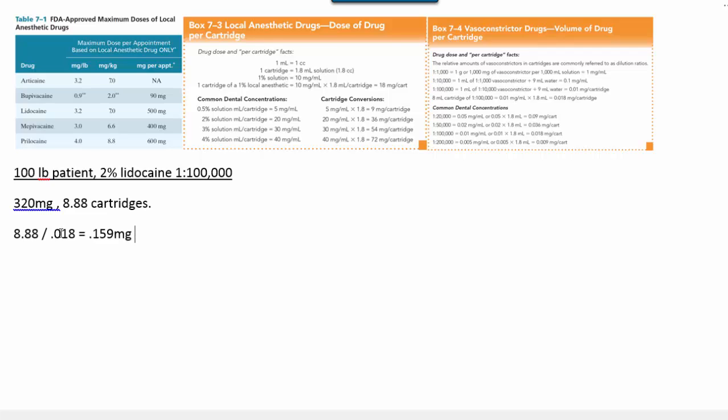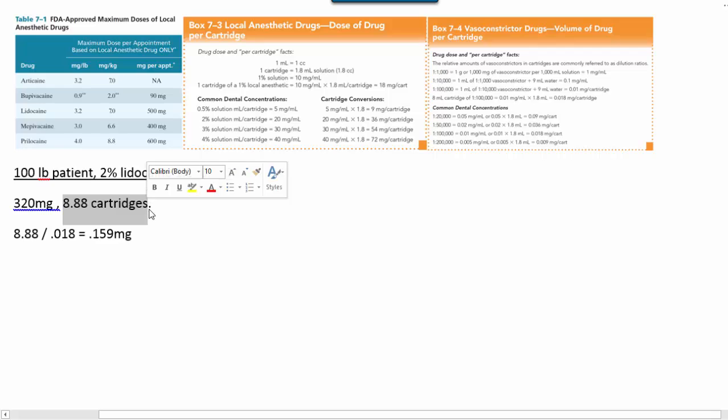We remember that the MRD for all healthy individuals of epinephrine is 0.2 milligrams, so that falls below the MRD. So for this patient, the limiting factor is the anesthetic drug, not the amount of epinephrine. So for her, it would still be the 8.88 cartridges of 2% lidocaine.